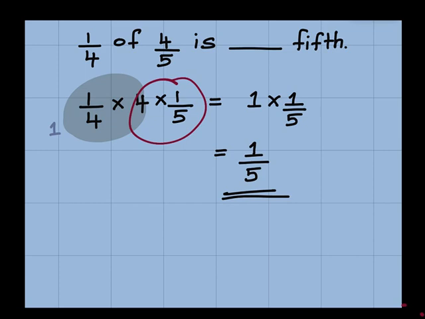And we know that 4 over 4 is 1. So that is how we got this 1. And the remaining 1/5 I've written here. So this 1/5 goes here. Okay. So multiply the numerators. 1 times 1 is 1 divided by 5.